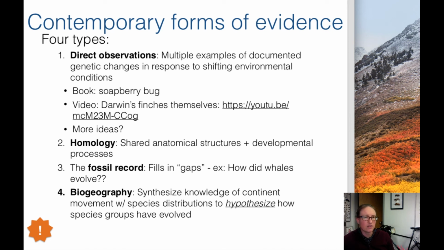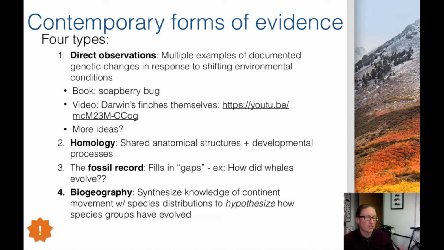So your book talks about one such example of this with a type of insect called the soapberry bug, where there have been genetic changes to feed on a new food type that appeared for soapberry bugs. So you can actually trace back in history to where the new food type got introduced and see direct changes in these bug populations.